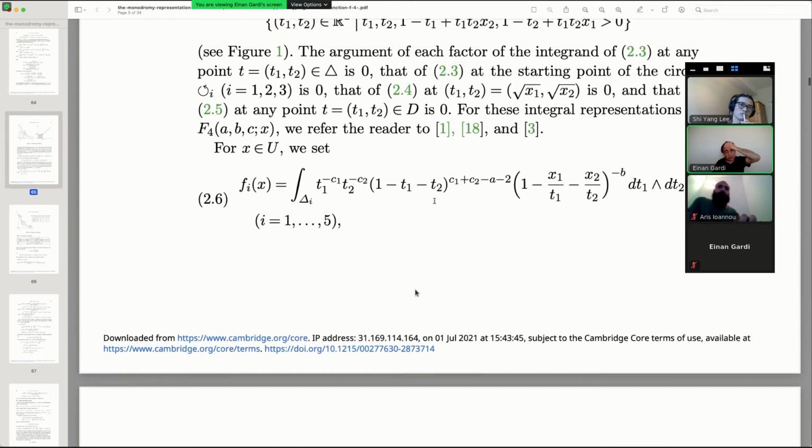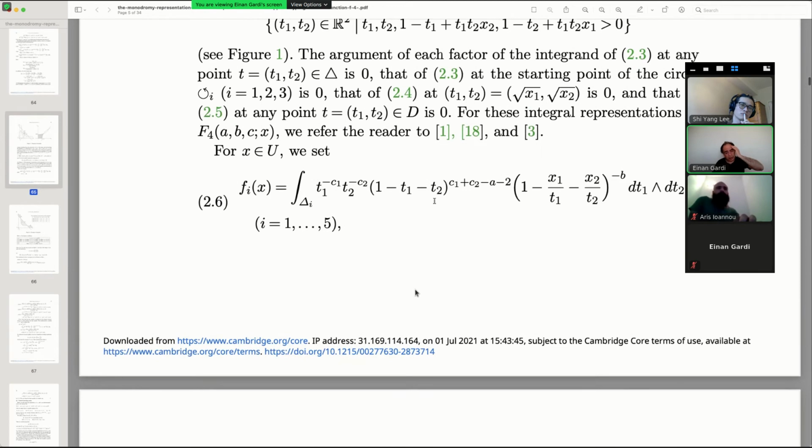Now let's try to think about the branch points. I think to understand the branch points, we might not need to think too much about these cylinders. Why? Because all we need to understand is whether the factor 1 minus x1 over t1 minus x2 over t2 develops a negative sign.